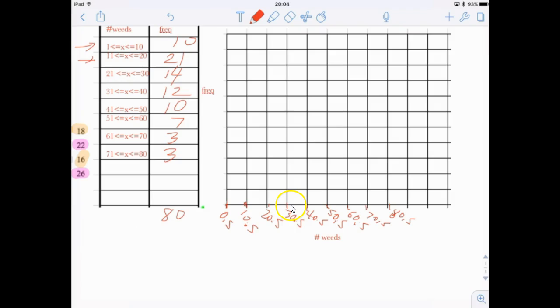And then of course the frequencies start at 0, and then looks like the highest frequency is 21, and I don't think 21 is going to fit there, so we're going to count by 2s. So 0, 2, 4, 6, 8, 10, 12, 14, 16, 18, 20, 22. And then we're going to mark each one of these levels.